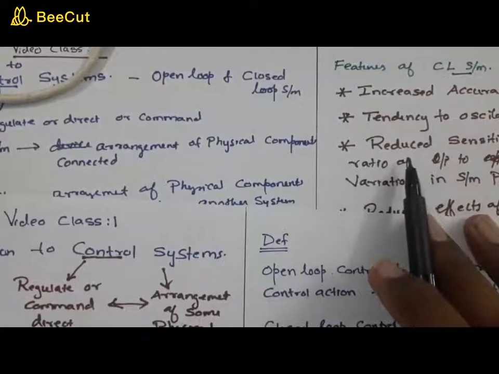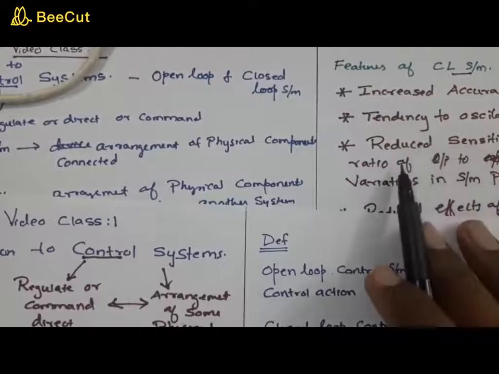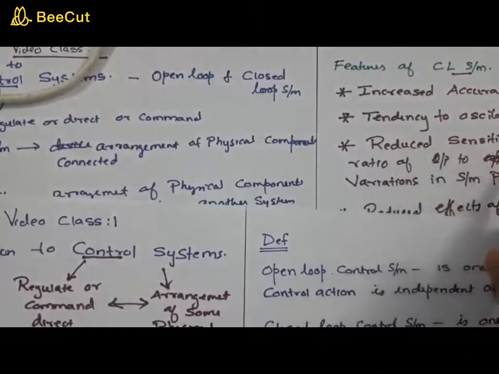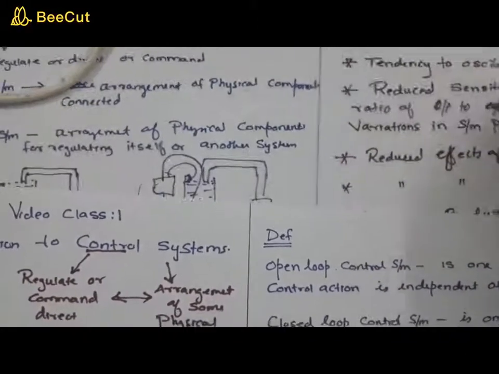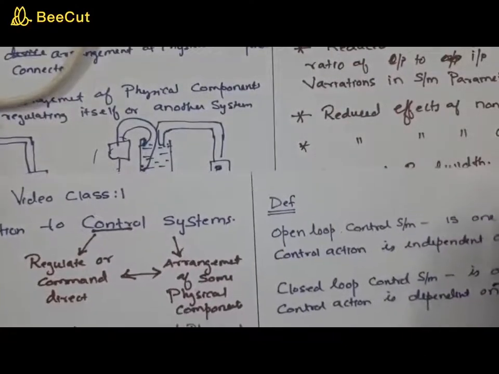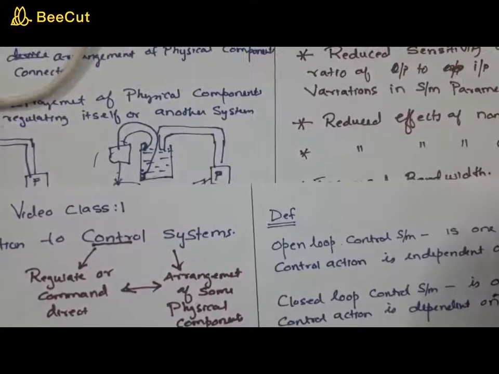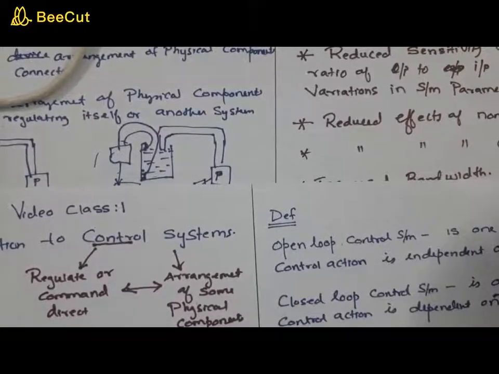That means for the system to be accurate, the output should be very less sensitive to the change in the input. Okay, now the next one is the reduced effects of non-linearities. We know that this system is made of physical components, and these components may usually be non-linear, and the impact of non-linearity will also affect the output.